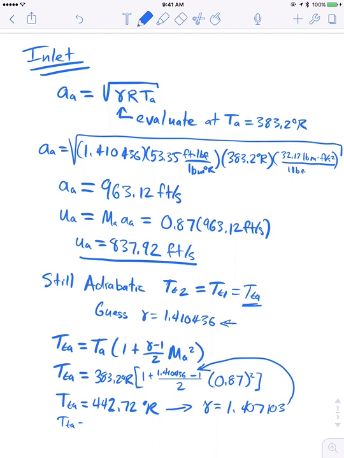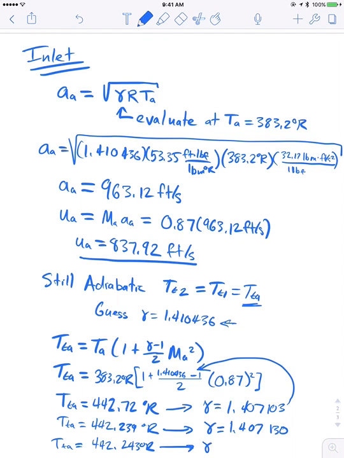We'll get a new total temperature of 442.239 degrees Rankine, and that'll give us a new value of gamma of 1.407130. And substituting that in one more time and recalculating it, we'll get another slightly different TTA equals 442.243 degrees Rankine.